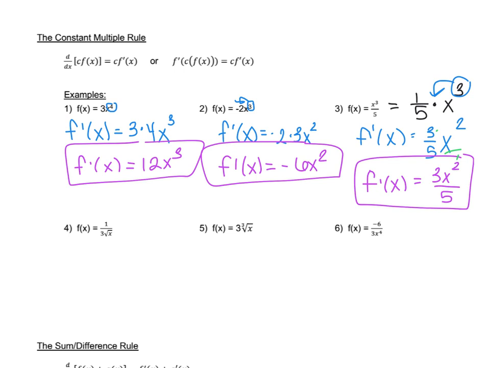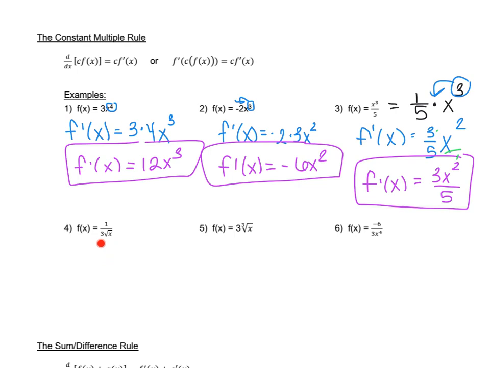All right, let's combine this idea in number 4. So now we're looking at 1 over 3 times the square root of x. So if possible, again, just like in that last set of problems on the bottom of the first page, we need to rewrite this so that we can use the power rule.